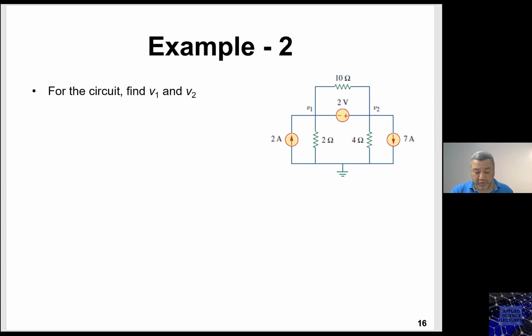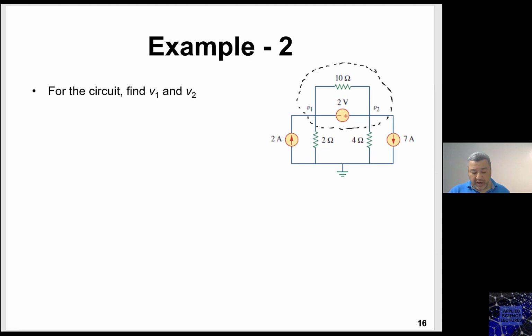And where is that supernode? The supernode is this. Remember, we said that the supernode is going to include or enclose that voltage source and any element that is connected in parallel with that source.